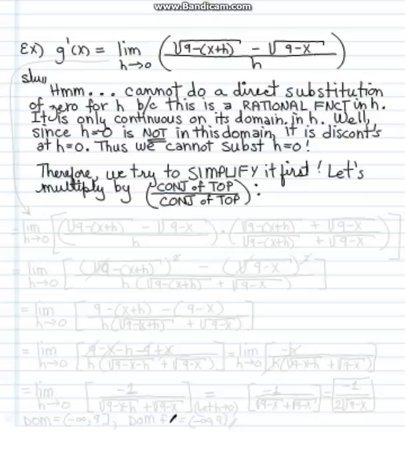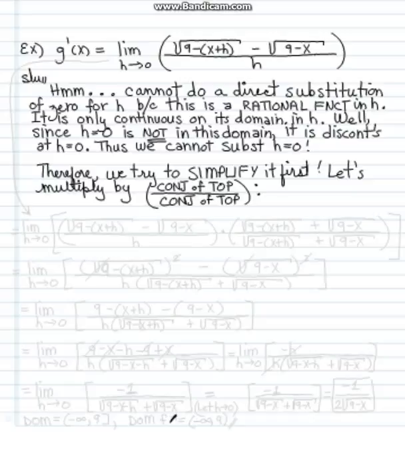Okay, let's write that down as I've done at the top. g of x plus h, given the function g, is the square root of 9 minus parenthesis x plus h. And then I subtract g of x, which is the square root of 9 minus x, over h.